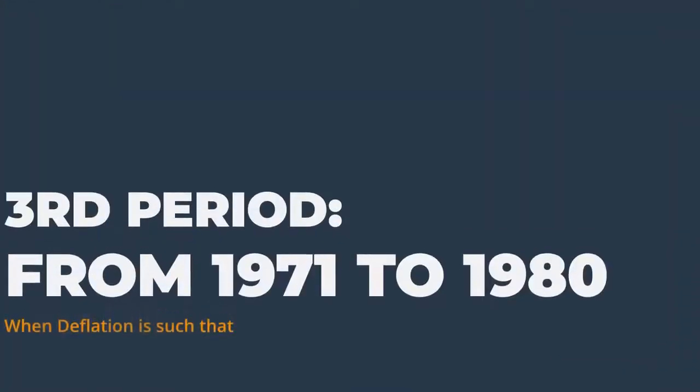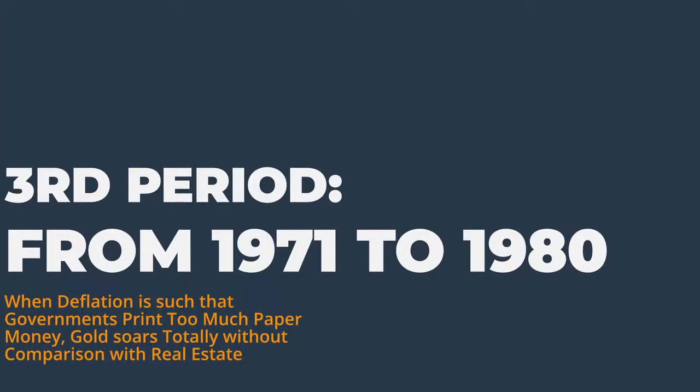When deflation is such that governments print too much paper money, gold soars exponentially beyond comparison with real estate. When the world faced its first oil shock in 1973 and deflation began to set in the United States in the period of 1971 to 1980 after the end of the Vietnam War, as well as the end of the convertibility of the dollar to gold, gold soared against real estate.